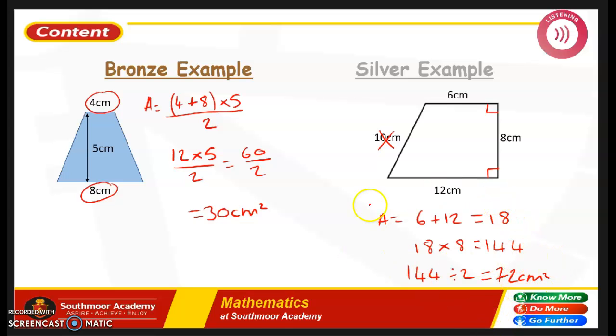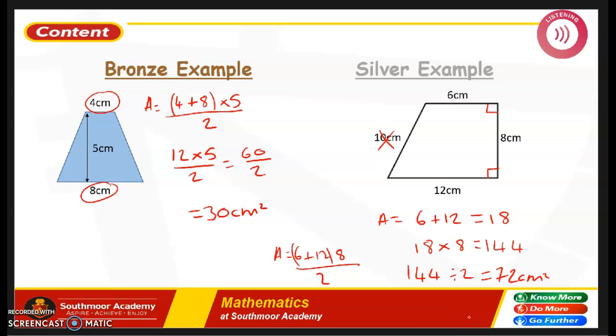Now this layout is similar to this, except it's written step by step. It's up to you how you lay it out. This is if you want to type this into a calculator. This is what you would do if you would do it step by step. So it's still the same. Okay. So if we did it written in that format, it would be 6 plus 12, all times by 8 over 2. And we still get the same answer.